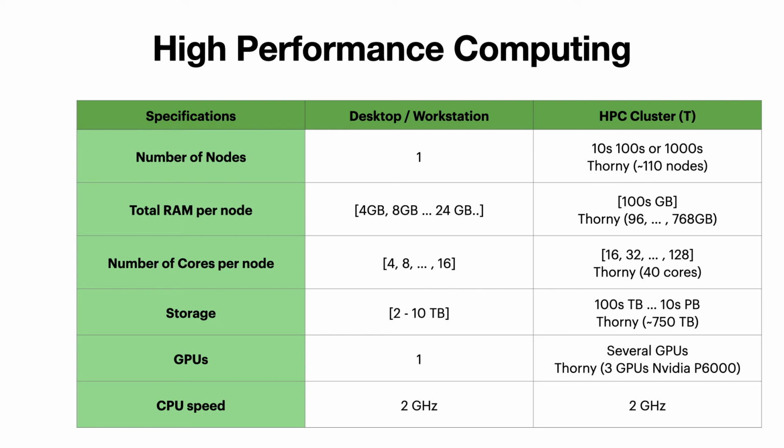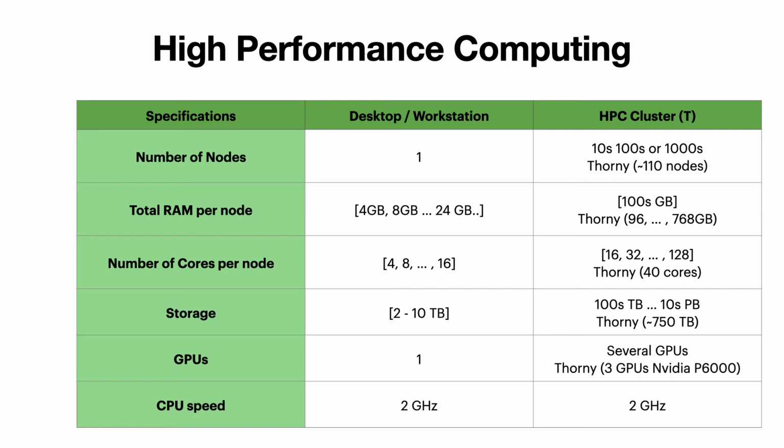On an HPC cluster, we typically have several GPUs encapsulated on individual nodes. So in particular on Thorny Flat, we have 3 NVIDIA P6000 GPUs on a few nodes. So those nodes are dedicated to GPU computing.